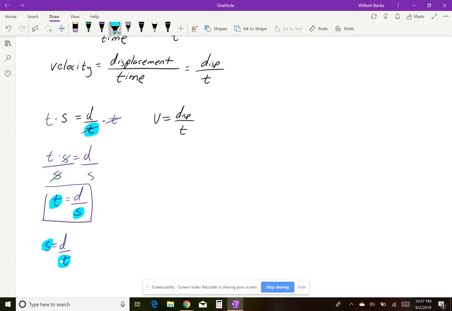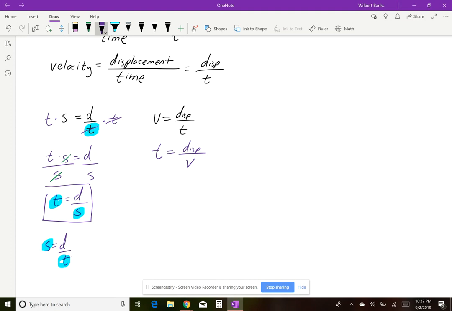So anytime you have three variables in which something equals something over another thing, if you take that bottom or the denominator and switch it with that thing that you're solving for, then you can find the alternate for it. So for the displacement equation, to solve for time, I will go time equals displacement over velocity. So that's the same thing. So as a result, I don't really have to do much to solve for that.